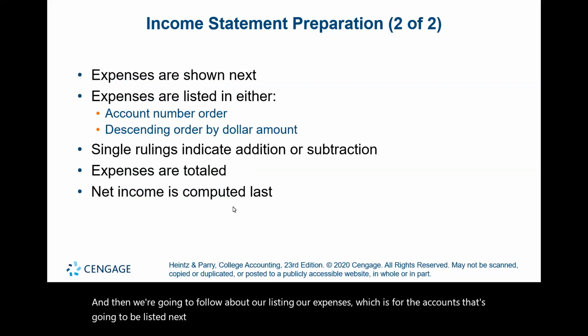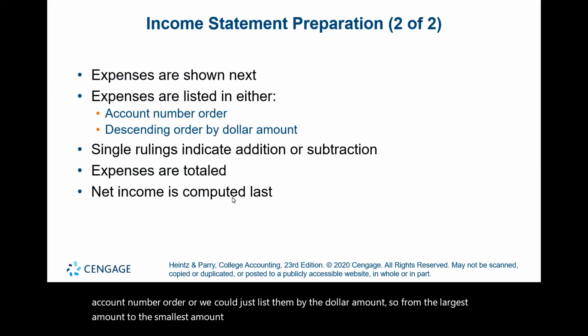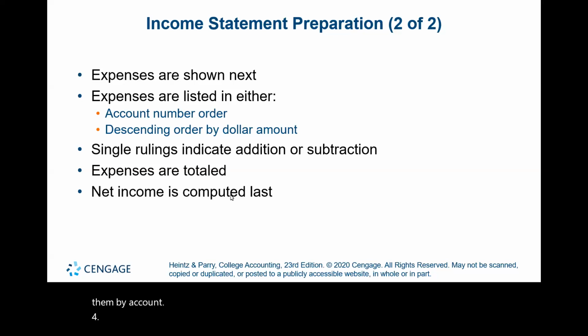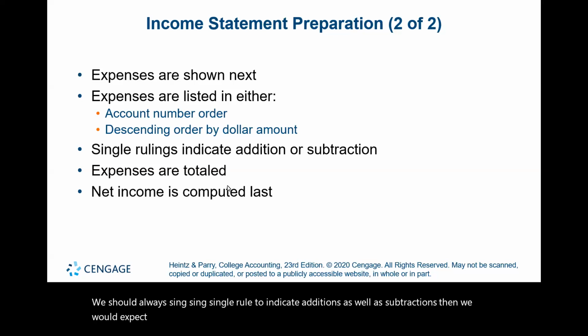We can list those by the account number order, or we could just list them by the dollar amount, from the largest amount to the smallest amount, or again, list them by account order. We should always single rule to indicate additions as well as subtractions. Then we would total all of our expenses.